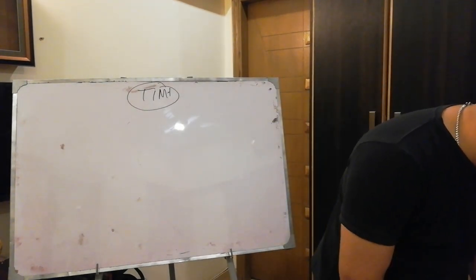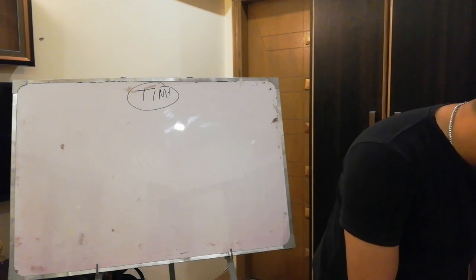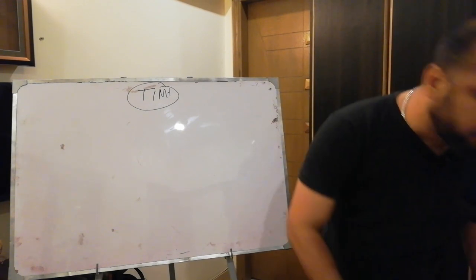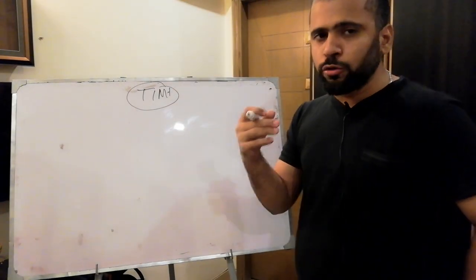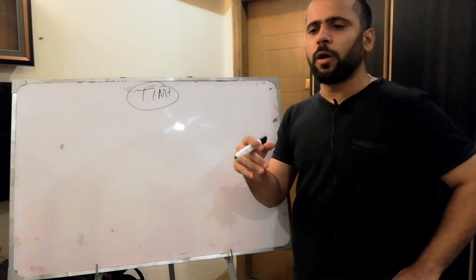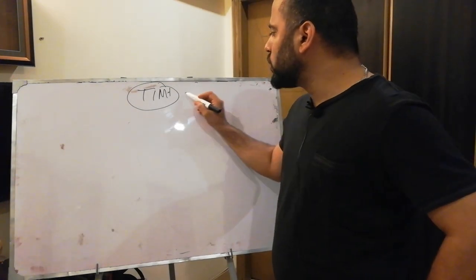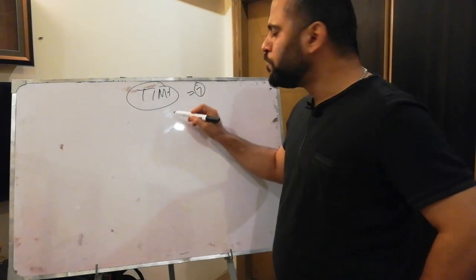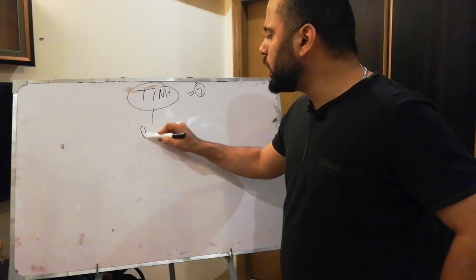So TIMI, a very important bedside tool to risk stratify your patient, which we have discussed, that you have to divide or classify your patient into the 4 classes. So TIMI has a total of 7 points and it has a separate mortality for each point. So one is age.